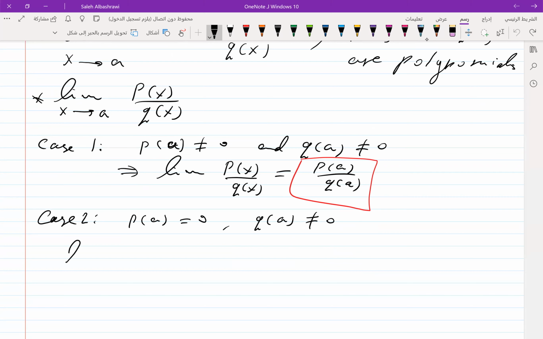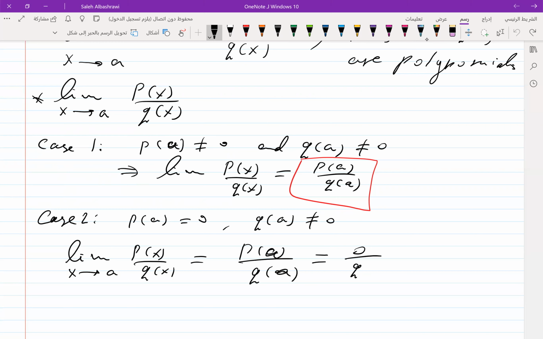In this case, the limit of p of x divided by q of x, where x goes to a, is equal to p of a divided by q of a. p of a is equal to 0, so this is 0 divided by q of a, which is equal to 0. So in the second case, when the numerator is equal to 0 but the denominator is not equal to 0, the limit is equal to 0.